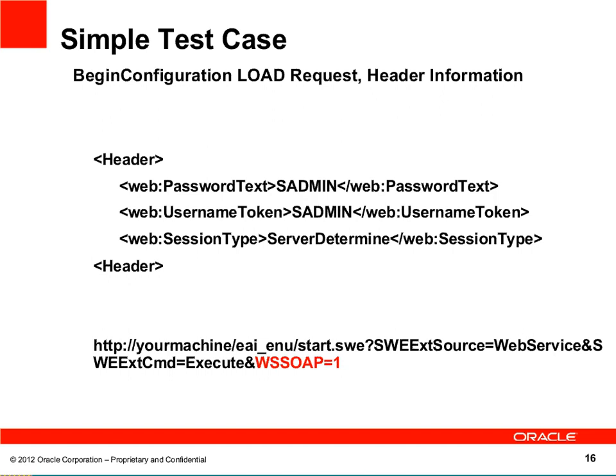And we have the tags username token, username submin, and password. And then we say which session type to use. The best in this case is to say server determined. It keeps the session as long as we need it. Only when we perform the end configuration, the session will be closed.